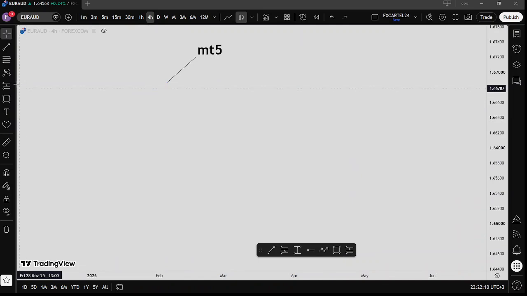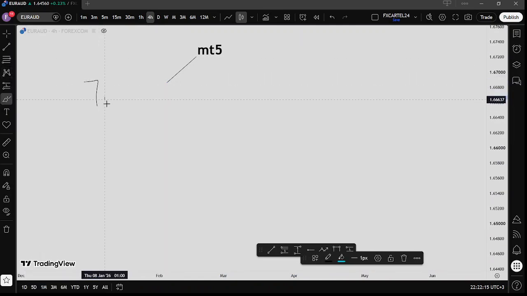MT5 has tools that we are going to use, for example when we want to ask or bid. It has tools to set stop losses and take profits, for when you're managing your money on the asset you have analyzed from TradingView.